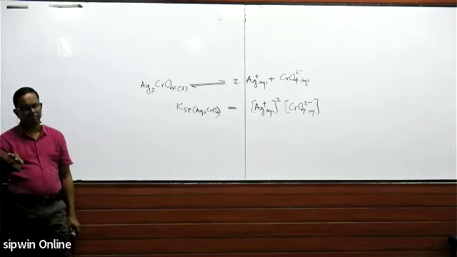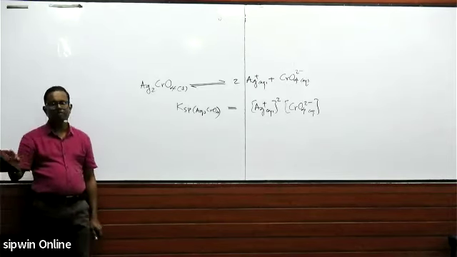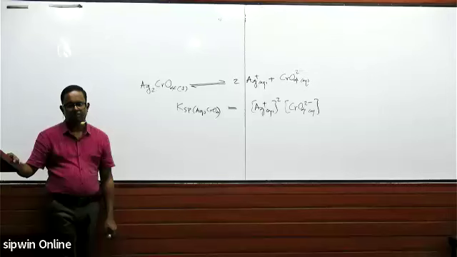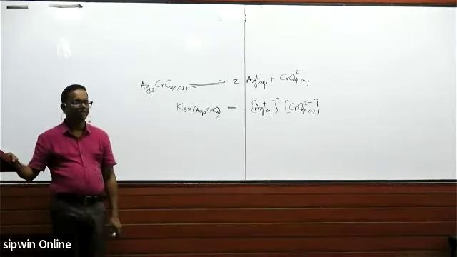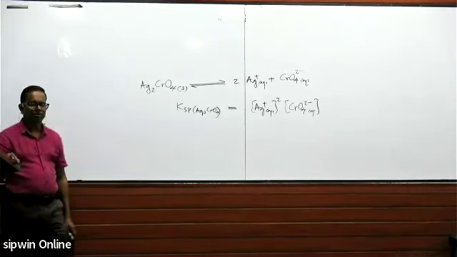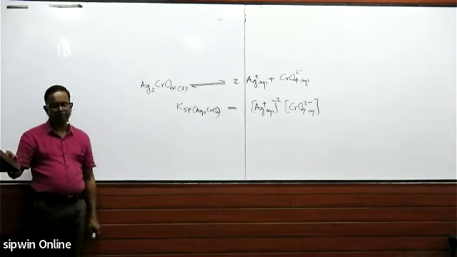Only on the temperature, within brackets, for a given salt. For a given salt, the Ksp value depends only on temperature. Okay?